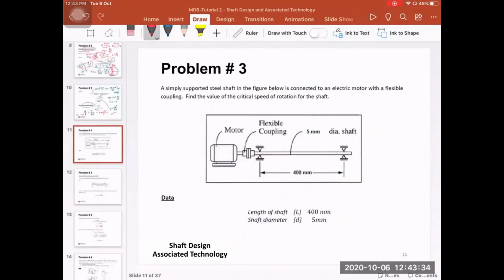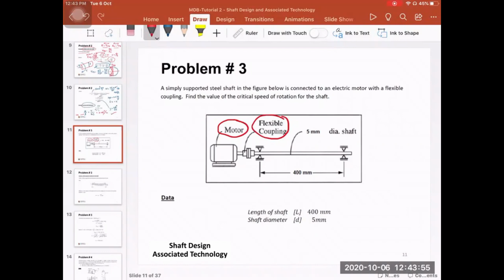Problem number 3 says here, assembly supported steel shaft in the figure below is connected to an electric motor with a flexible coupling. So we have electric motor here, okay? Then we have a flexible coupling that connects the shaft of the motor to this shaft, okay?